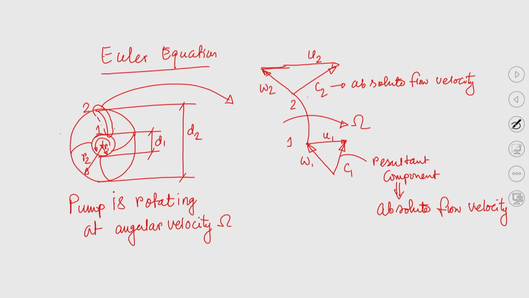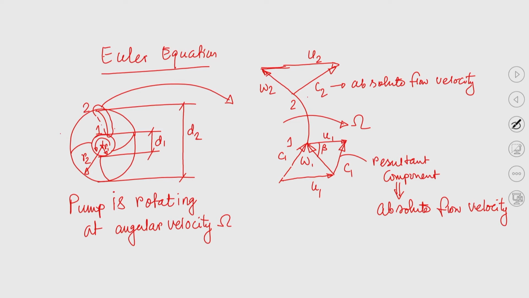So, what are the different components? Now, we can consider this triangle. Say this is U1, this is C1, and the blade, this angle is known as beta.